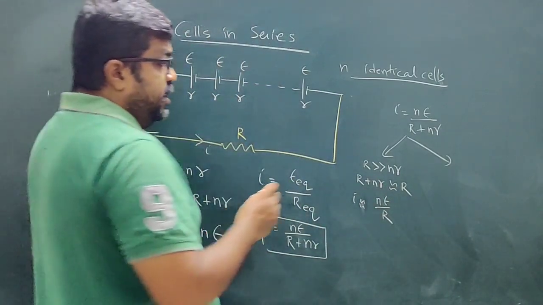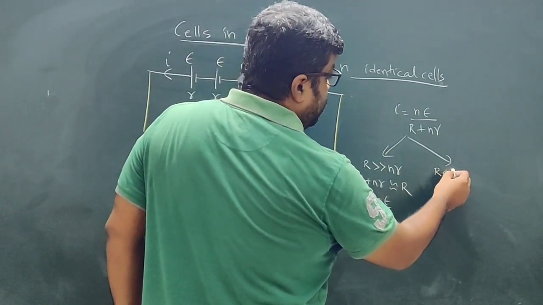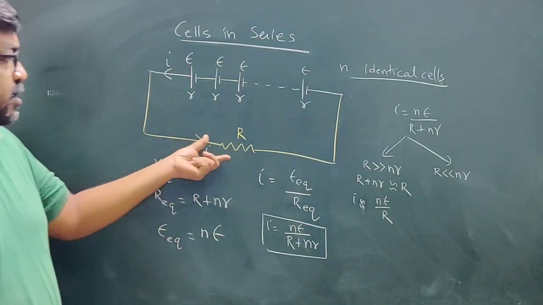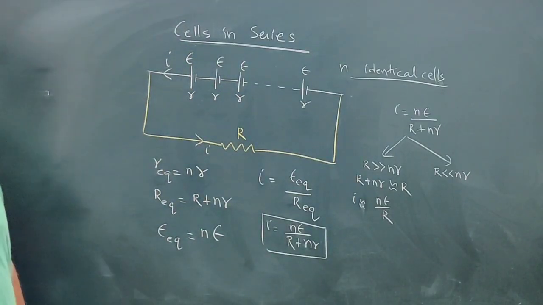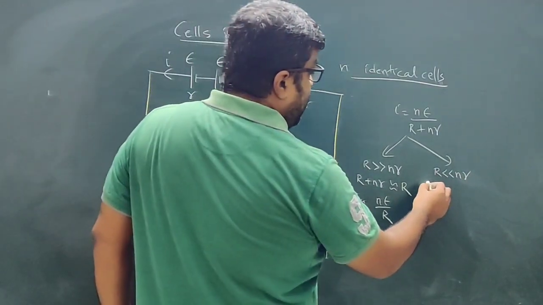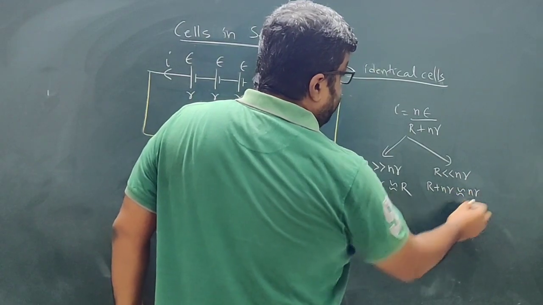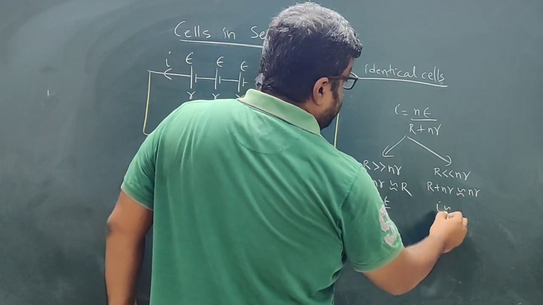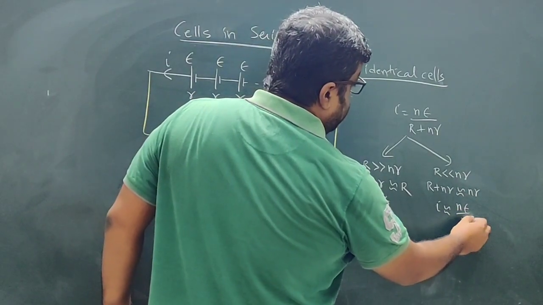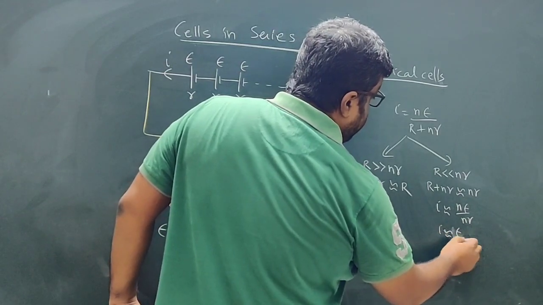Okay. This is one condition. Another condition is when R is very much smaller than nr, that is, external resistance is much smaller than the total internal resistance. In that case, R plus nr will be approximately equal to nr. So I will be approximately equal to nE by nr, so that is I approximately equal to E by r.